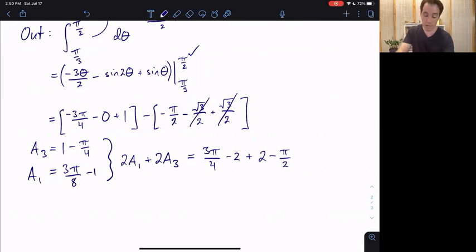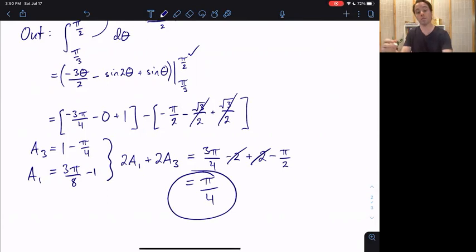That's the 2A3 part, multiplying the 2 through a set of parentheses. -2 plus 2 goes away, and 3 pi over 4 minus pi over 2, 3/4 minus 1/2 is pi over 4. And if you have gotten to the end of this video, you have the most stamina of any person in history, and you should give yourself a giant round of applause.